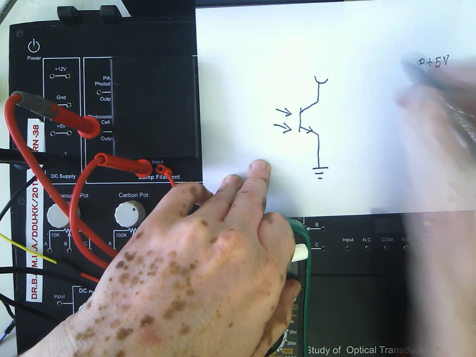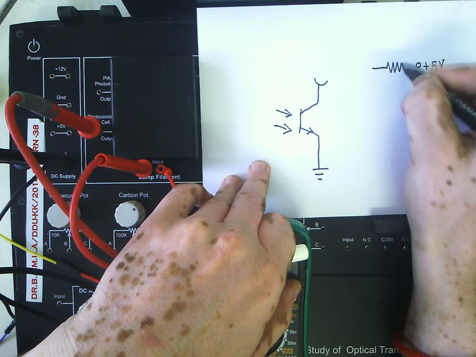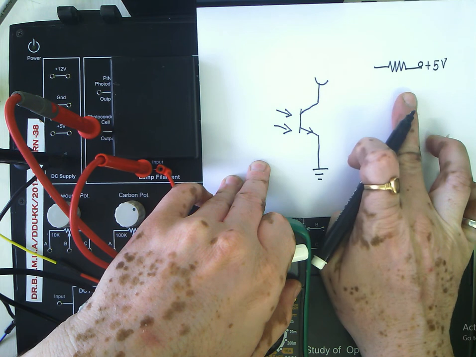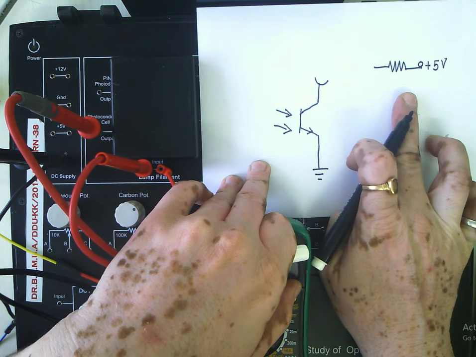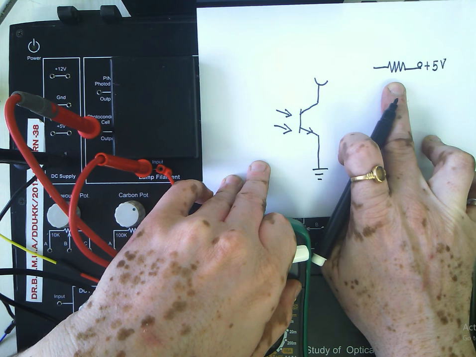Alright, then I will be connecting a resistance. Now you might be confused at this point because this board has got no fixed resistance. What I will do, I will use one of the variable resistance and employ the center terminal and one of the end terminals so that we can get a resistance.